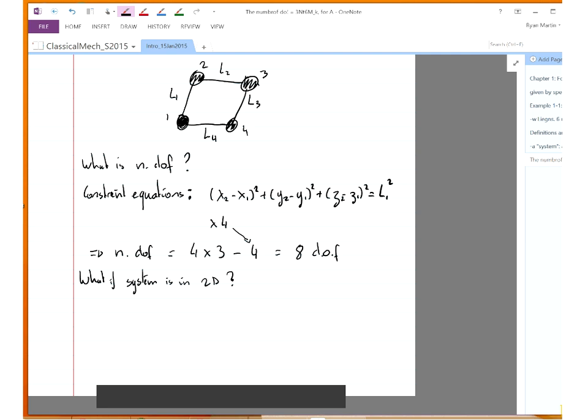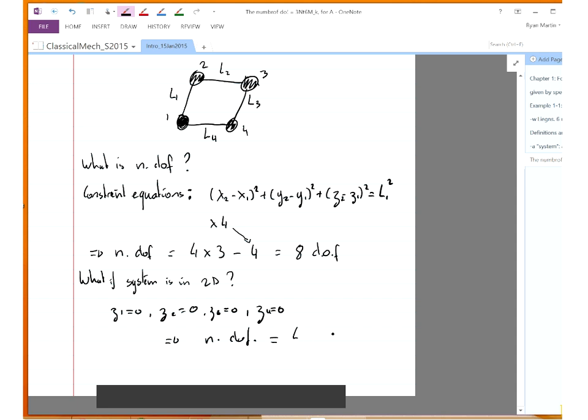Or you could just add in 4 more constraint equations, and those constraint equations would be that z1 = 0, z2 = 0, z3 = 0, and z4 = 0. And so then we find the number of degrees of freedom to be 12 minus 4 minus 4.